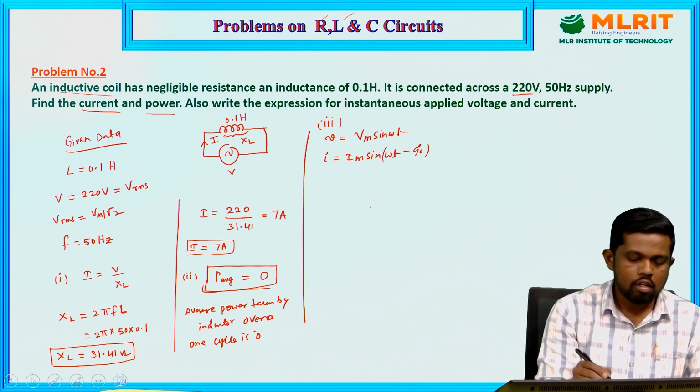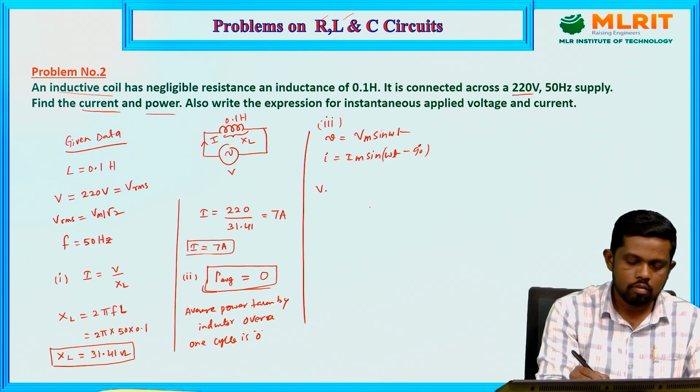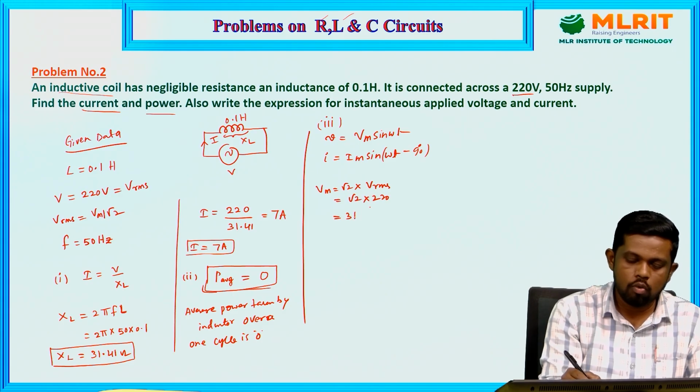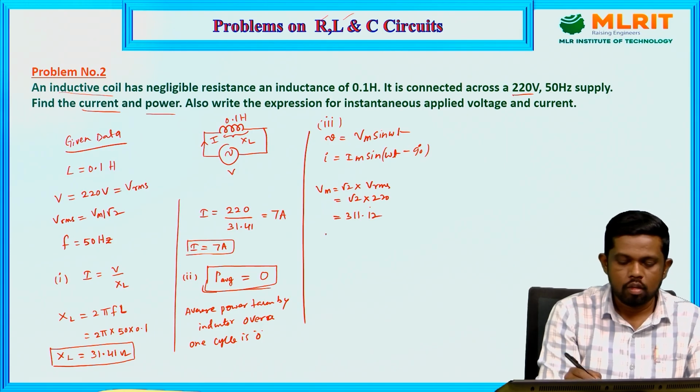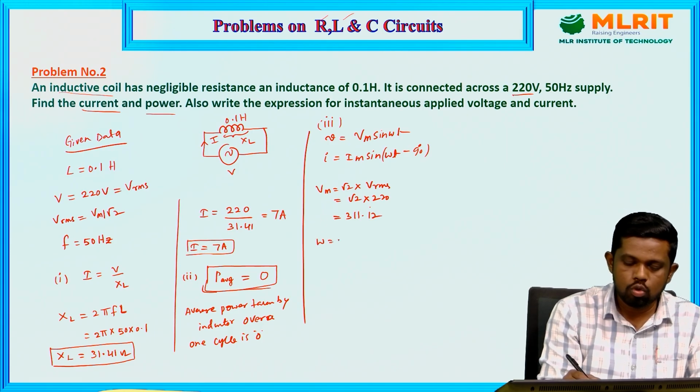So we need to find the Vm value based on the Vrms. Vm equal to root 2 times Vrms, which means root 2 times 220. That is 311.12 we got. Then omega equal to 2 pi f, which means 2 pi into 50, so we got 314.